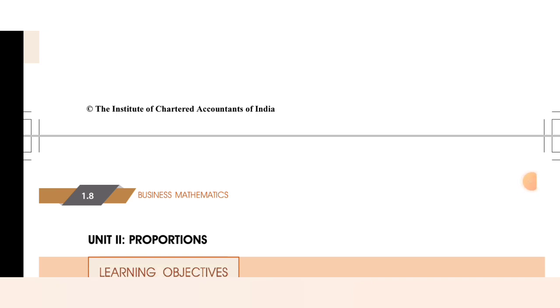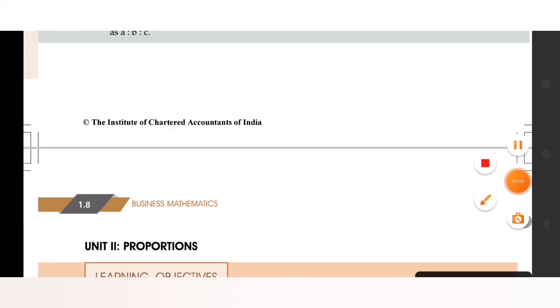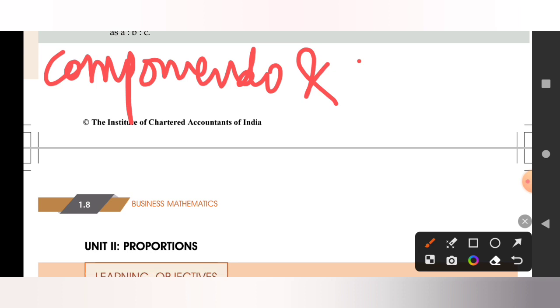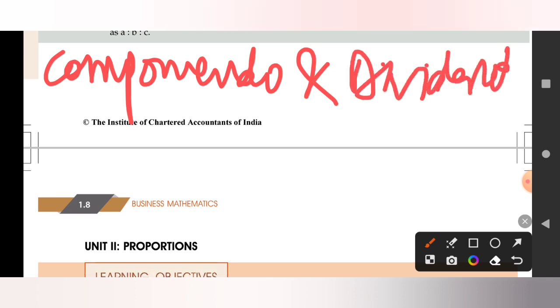Okay, next property, componendo and dividendo, both. Componendo and dividendo. I hope you all are writing with me. When you start reading the chapter, you would have 80% of your chapter complete when you are on the first page itself.